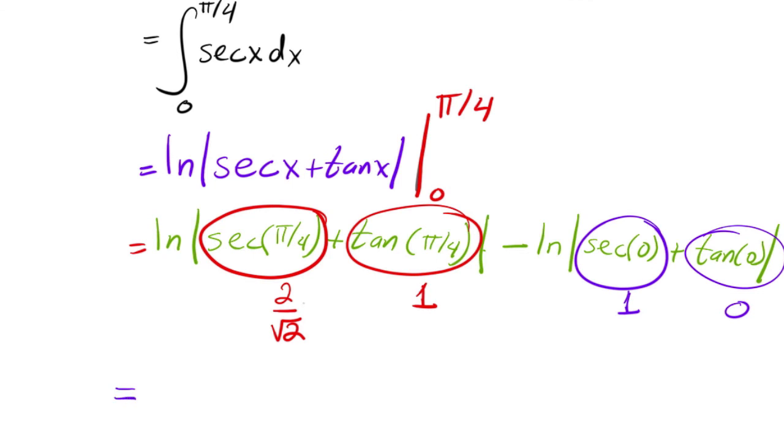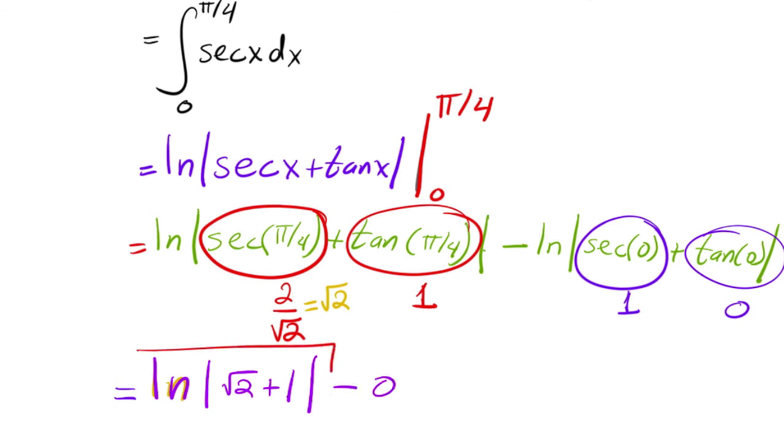And then if you rationalize this also, this just equals square root of 2, right? So 2 over root 2 is the same as square root of 2. So this is going to be natural log, absolute value of root 2 plus 1 minus natural log of 1, which is 0. So that's it.